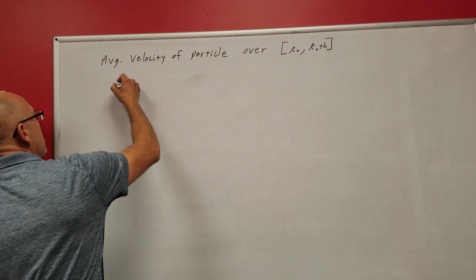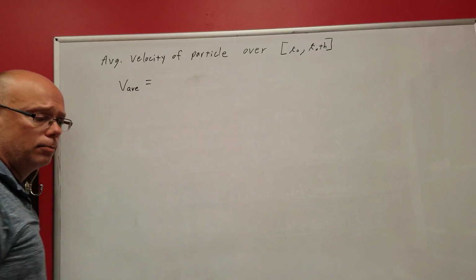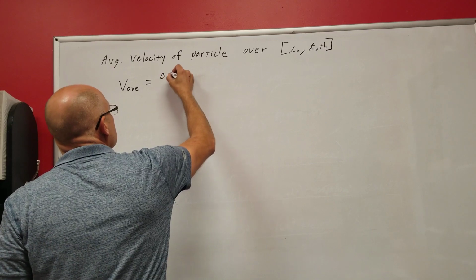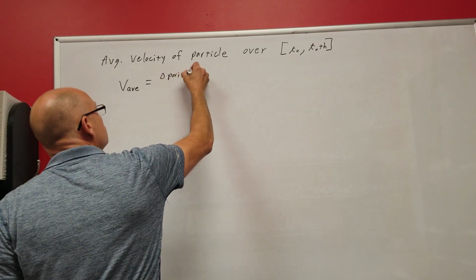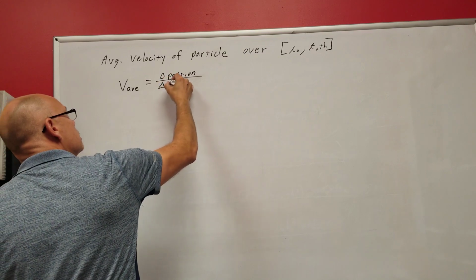And it defines the average velocity. It denotes it v ave. And it defines it as change in position over change in time. And I'm using delta for change.